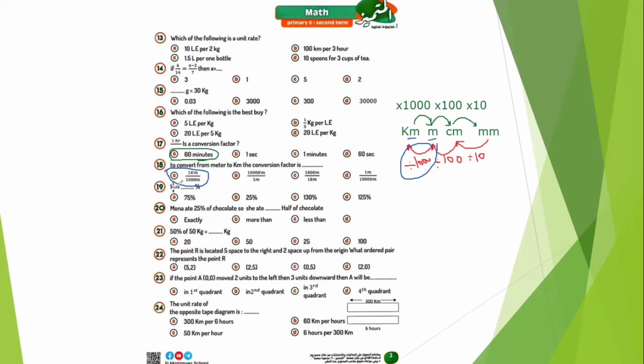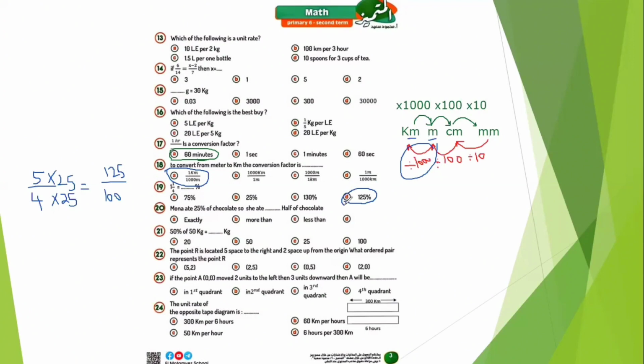19. 1¼ equals how many percent? We can convert this mixed number to an improper fraction. 4 times 1 equals 4, 4 plus 1 equals 5. So we can write it as 5 out of 4. Now I can change the denominator to be 100 by multiplying up and down by 25. 4 times 25 equals 100, and 5 times 25 equals 125, so it's 125%.